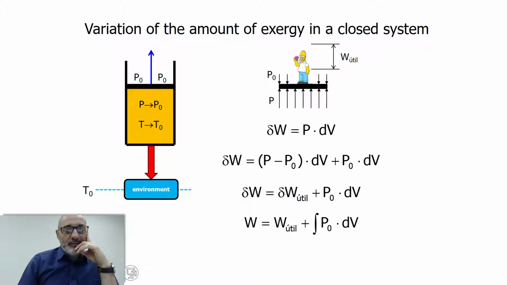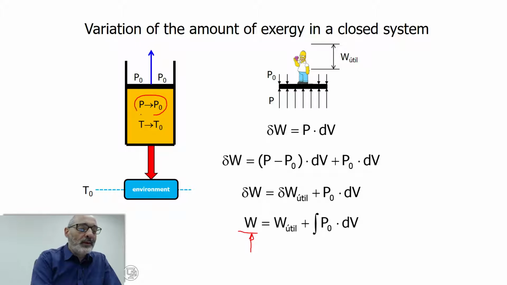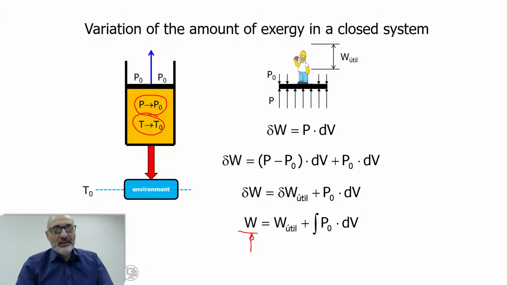If I want to calculate the finite quantities, I integrate this, so I obtain the mechanical work released by the system when I let it go to equilibrium with the environment. So this is the amount of work produced. This is what's really useful, and this is what's not useful.